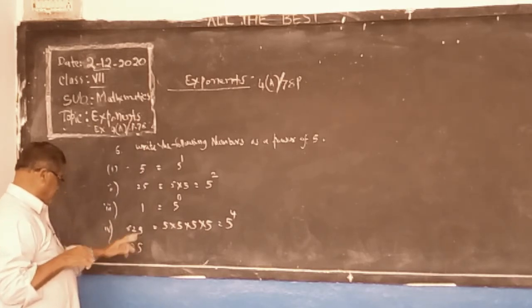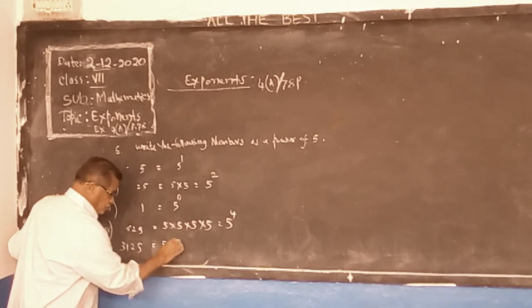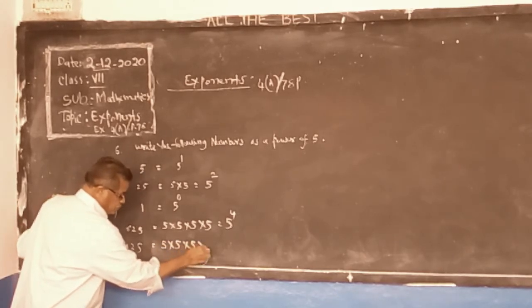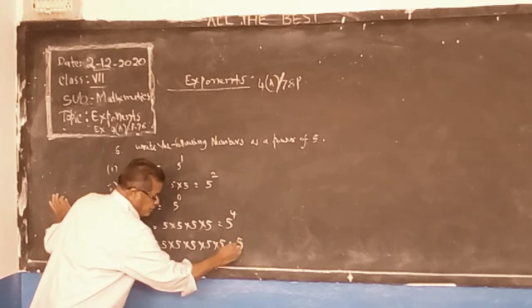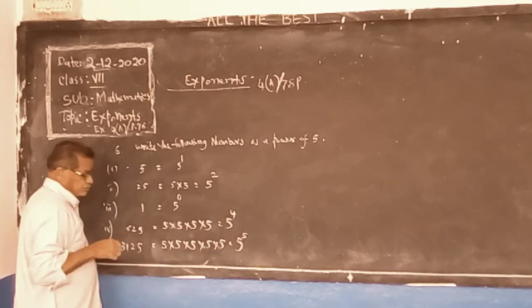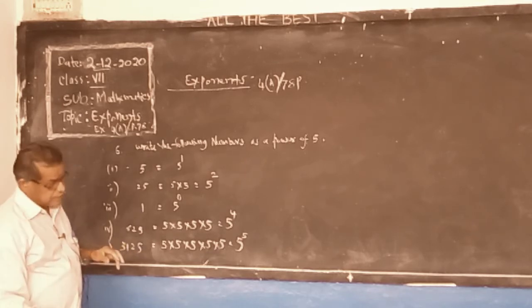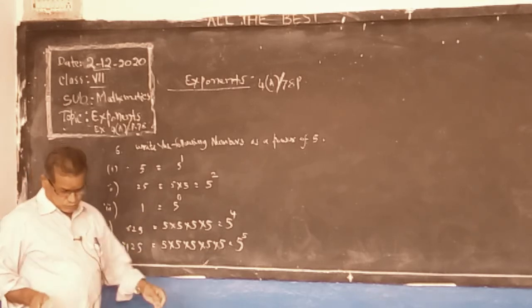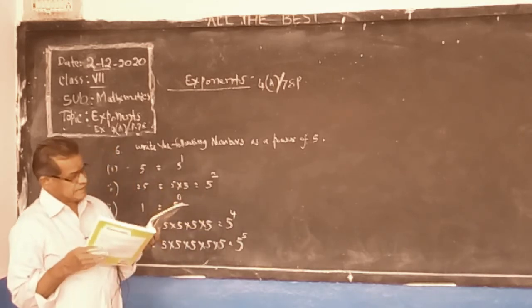And this is 5 times 5 into 5 into 5 into 5 into 5. So this is 5 power 5. This is the notation writing as base 5. And see, you practice this.